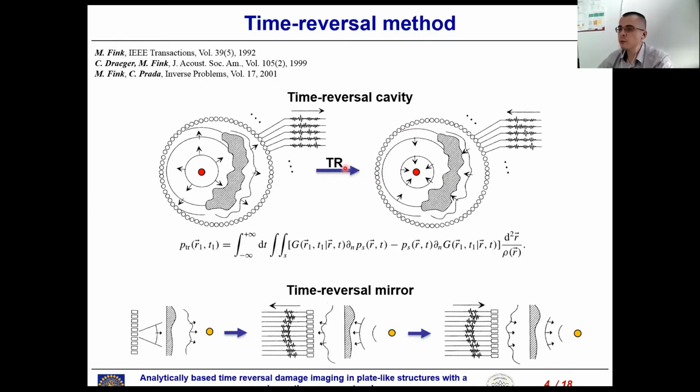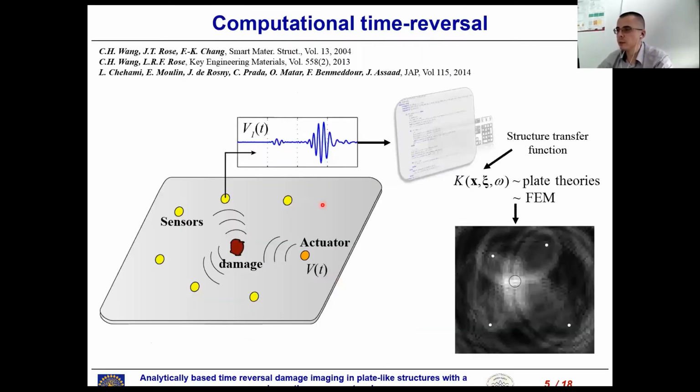So two concepts were proposed, like time reversal cavity and time reversal mirror. And these were initially for acoustics, but further on, these findings were generalized for elastic structures. And in this case, it was proposed not to perform such re-emission in physical plane, but in computational domain. That's an example of the paper of Wang and Rose and Fuku Cheng from 2004.